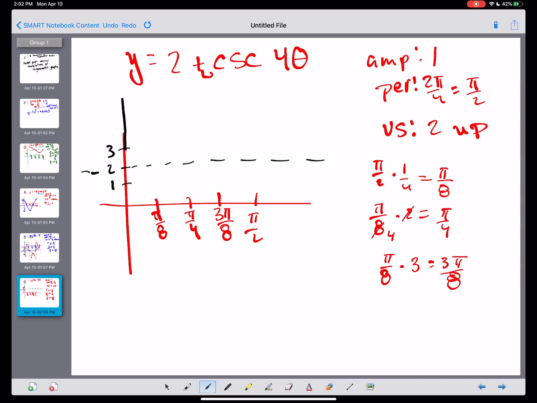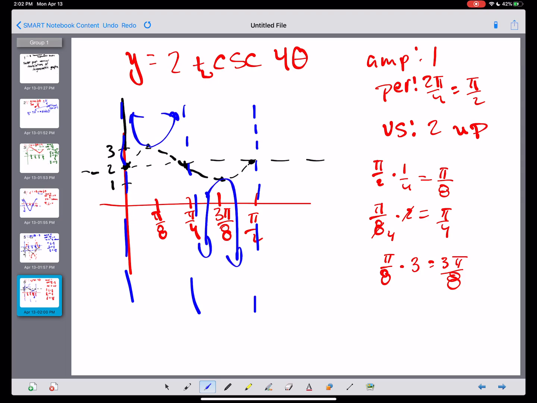Cosecant is really graphing out sine. So sine starts middle, high, middle, low, middle. And we're going to make this a dashed line because it's cosecant. And wherever the dashed lines intersect, we're going to draw a vertical asymptote, right? And that's it. Okay? All right.